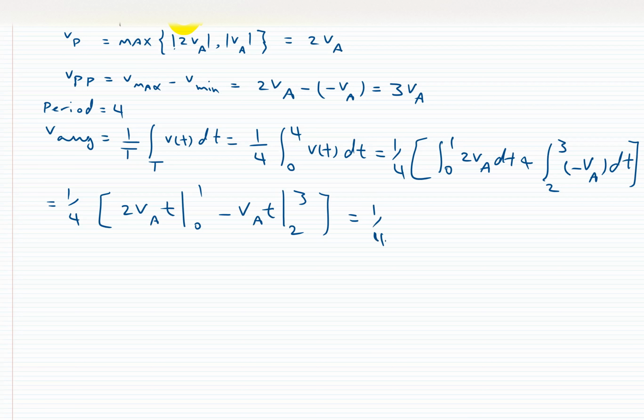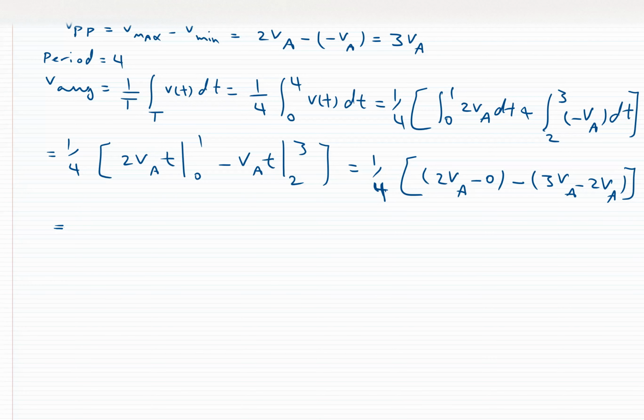Which is equal to 1/4 of 2VA minus 0 minus 3VA minus 2VA, which is equal to 1/4 of 2VA minus VA, equal to VA over 4.